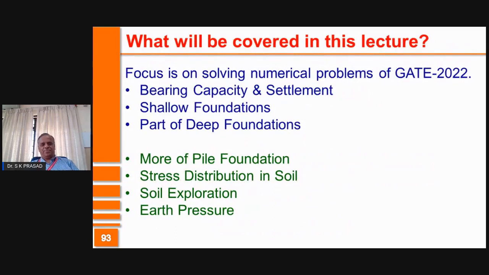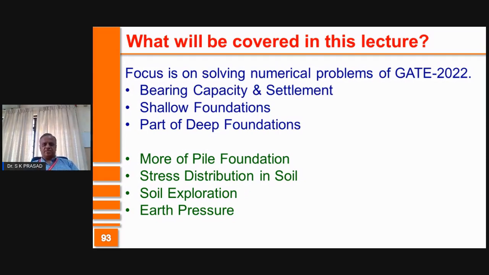Therefore, what are we going to cover in this lecture? As I mentioned, the focus is on solving numerical problems of GATE 2022. We solved a number of problems which appear in GATE 2022 related to bearing capacity, settlement, and shallow foundations. We also solved a few problems related to deep foundations, but there are a few more left.